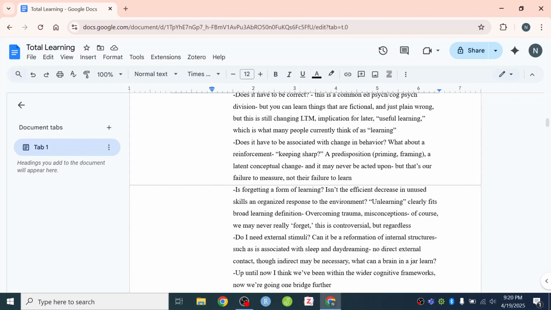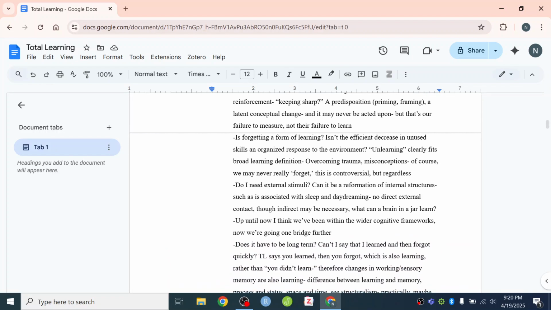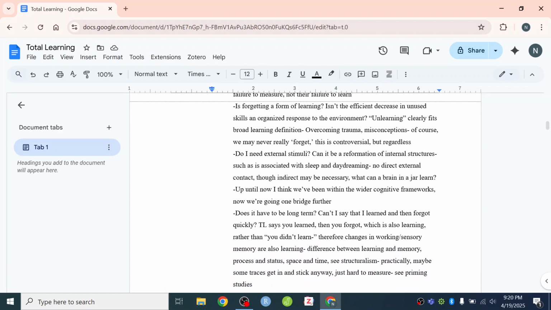And what we're going to do now is perhaps go one bridge further and take an even broader conception of learning than the wider cognitive conceptions of learning within the human sense. This is an interesting point.